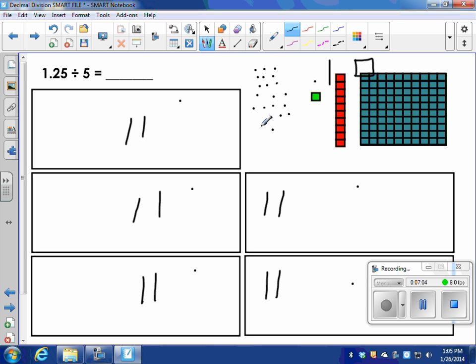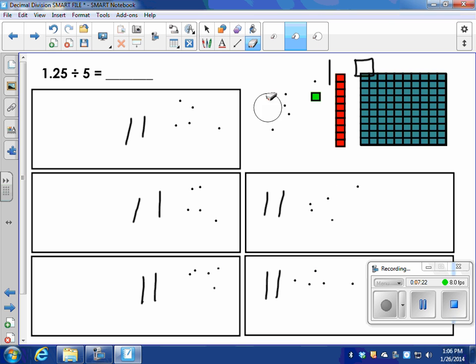So now I can take my 20 hundredths and I can divide them up. I'm going to go ahead and erase these since I've already partitioned those out.